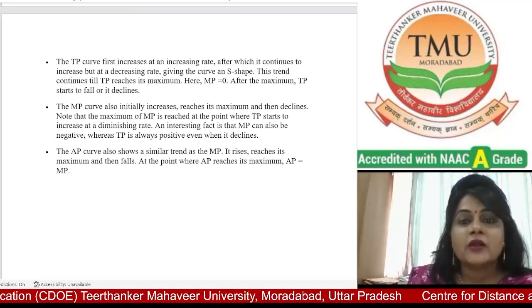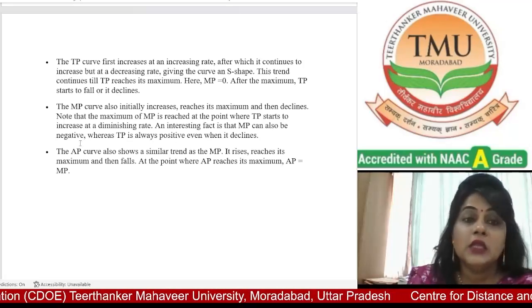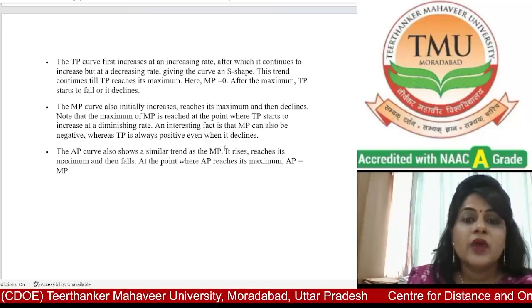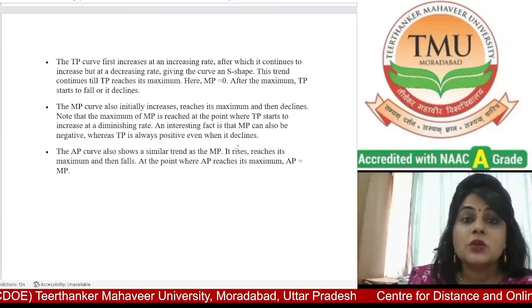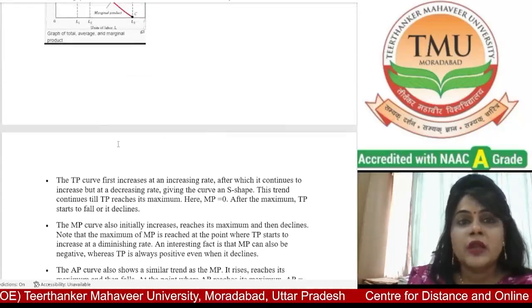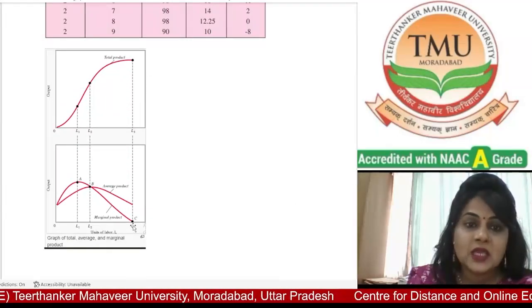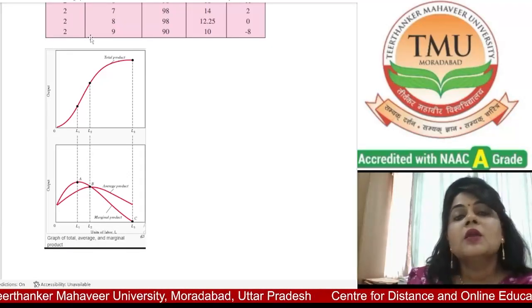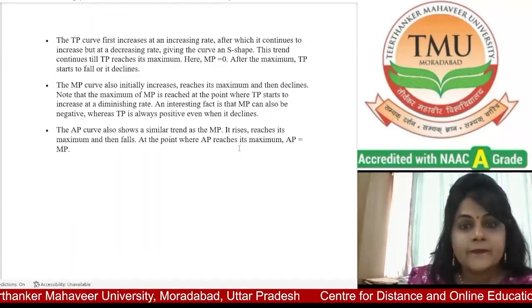And an interesting fact is that MP can also be negative, whereas TP is always positive even when it declines. When TP is maximum, MP is 0. When MP is negative, TP also declines.